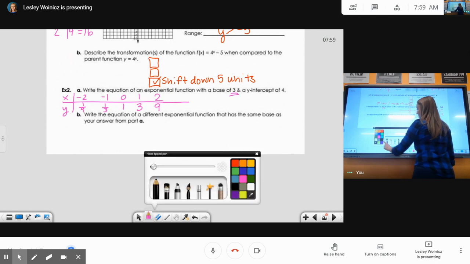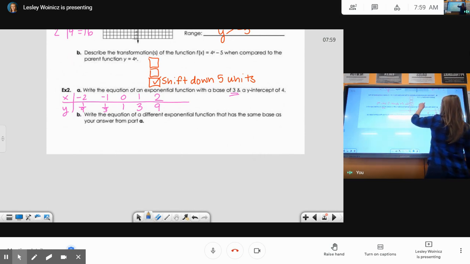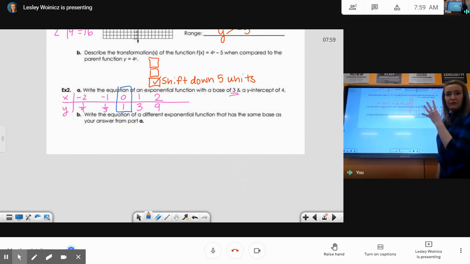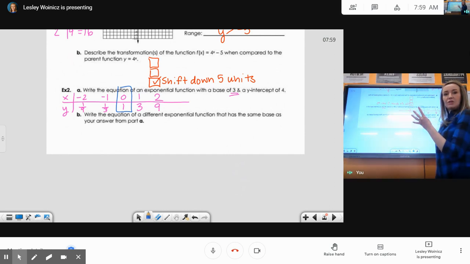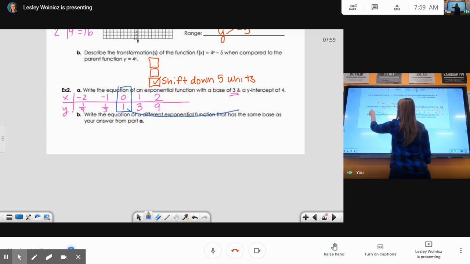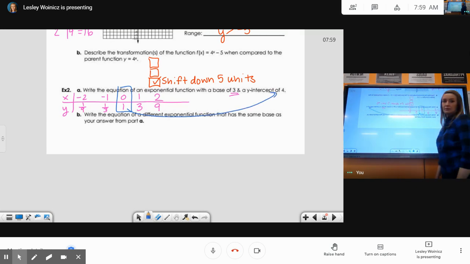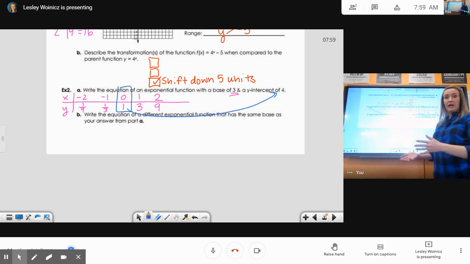And you can see right here is my y-intercept. But I don't want that to be 1, I want it to be 4. So how much do I have to shift my function up to get (0, 1) to become (0, 4)? How do I turn a 1 into a 4? Well, I have to add 3. I have to shift it up 3 units.